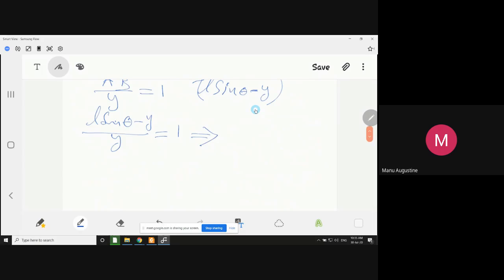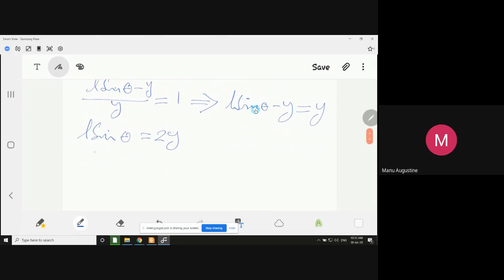This will give me L sin theta minus Y equal to Y. Taking this minus Y to the other side, I will get L sin theta equal to 2Y, or Y is equal to L by 2 sin theta. This is the relationship between Y and theta. So this step is also complete.